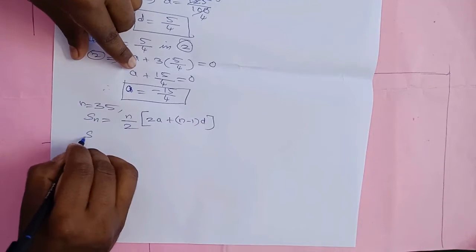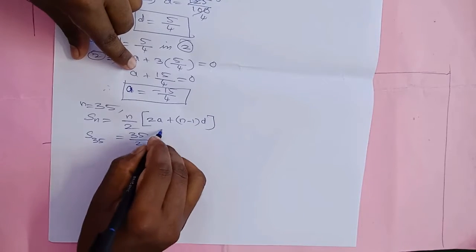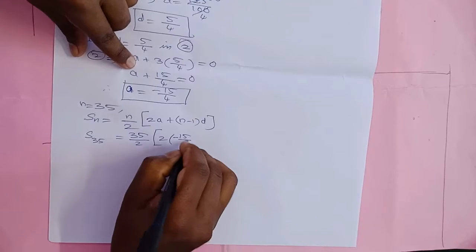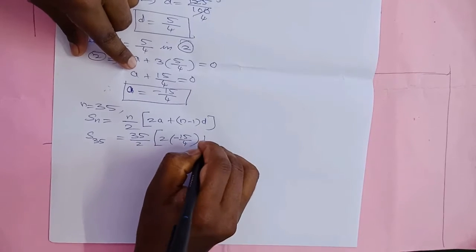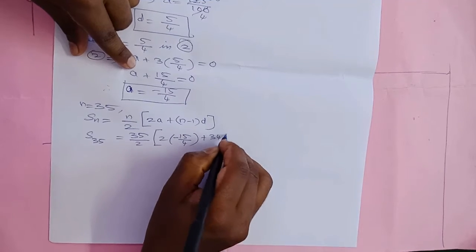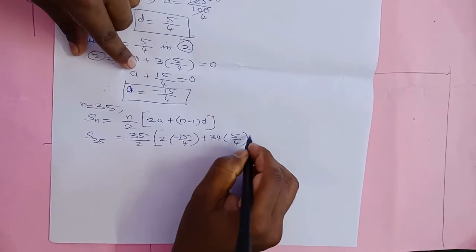Here n is equal to 35, so S35 is equal to 35 by 2 into 2 into a, where a is equal to minus 15 by 4, plus 35 minus 1, which is 34, into d, where d is equal to 5 by 4.